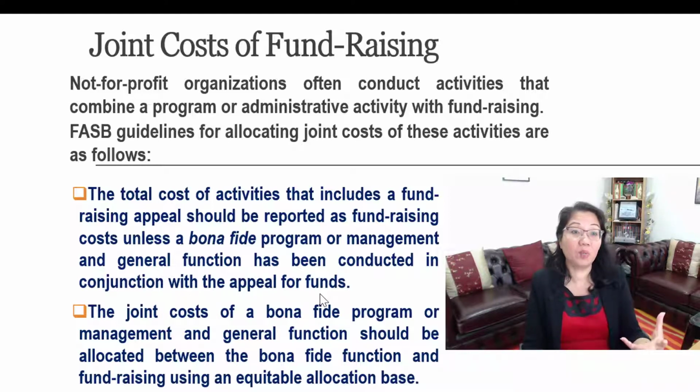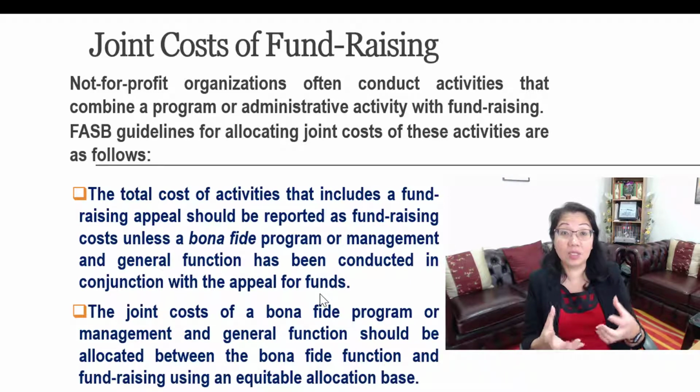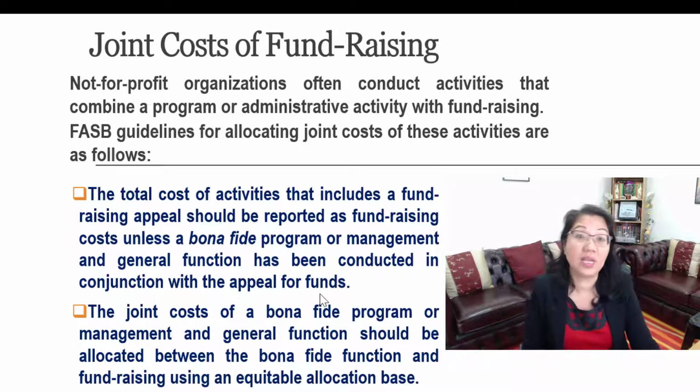So in my example, it looks like there is a bona fide program being conducted together with the fundraising campaign. So the joint costs of a bona fide program or management and general function should be allocated between the bona fide function and the fundraising using an equitable allocation base is what needs to be determined.